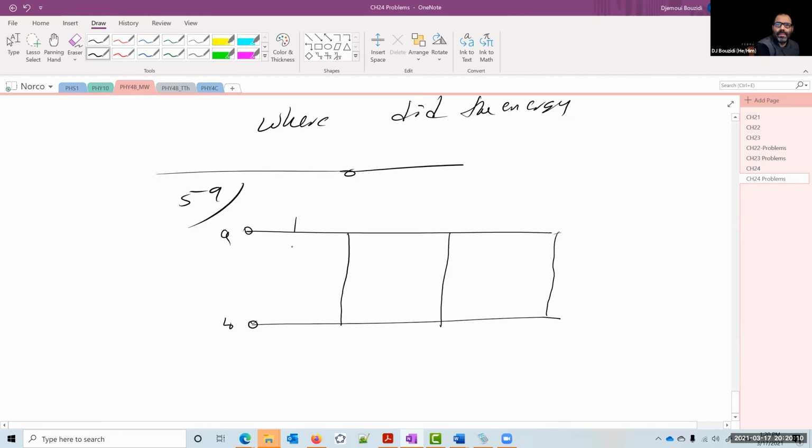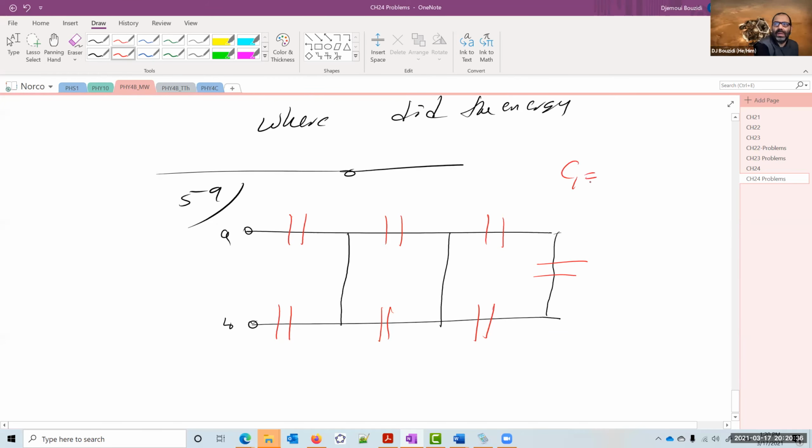We have a capacitor C1 in here, and in here, and in here, and finally in here.